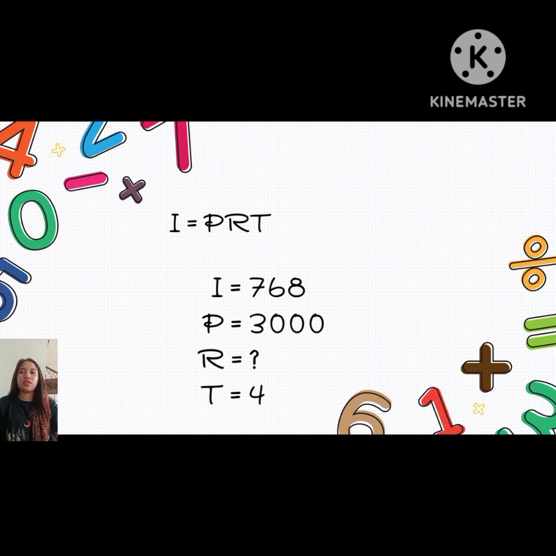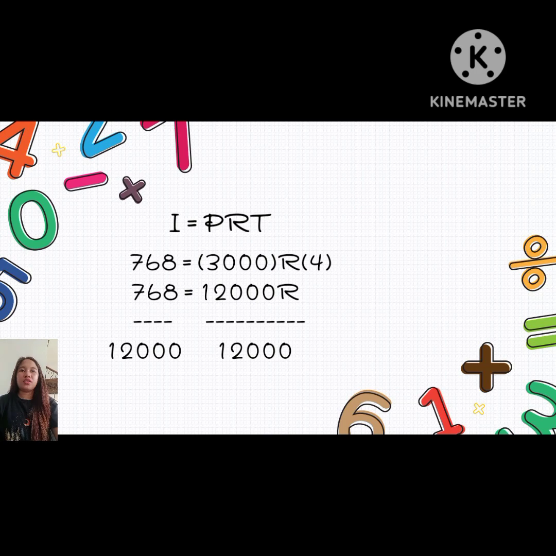So our missing value is the rate. That's why we are going to substitute in the formula I = PRT. Substitute the I, 768 pesos, is equal to 3,000 times the rate, and the time is 4.